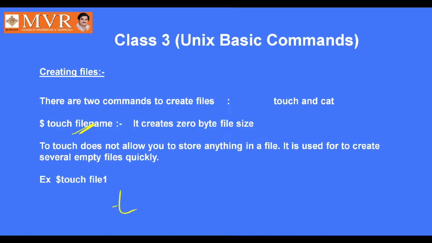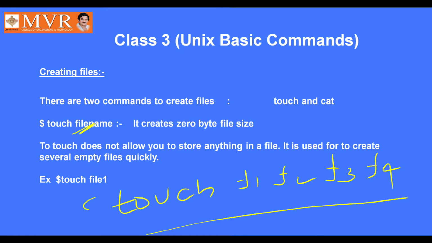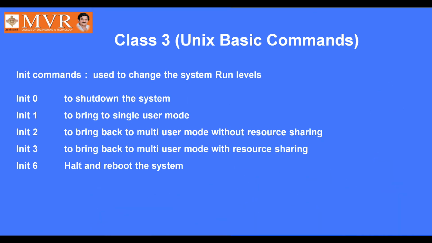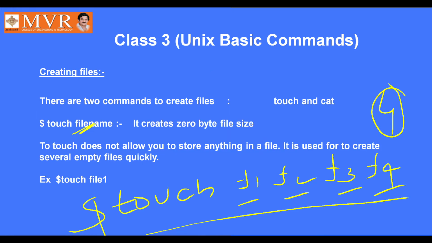For example, if you write touch followed by f1 followed by f2 followed by f3 and so on, this command will create f1 file, f2 file, f3 file, f4 file. Four files it will create. All the files will not have any data. All files will be created with 0 size. Fine. So this is the use of touch command.